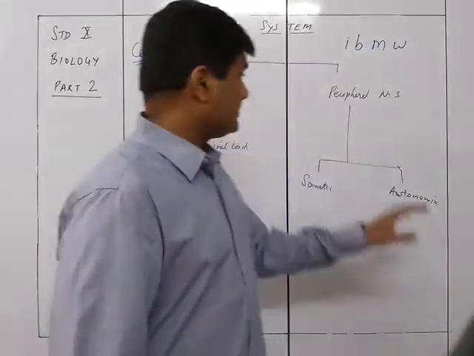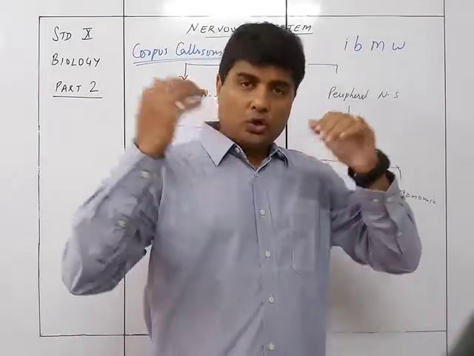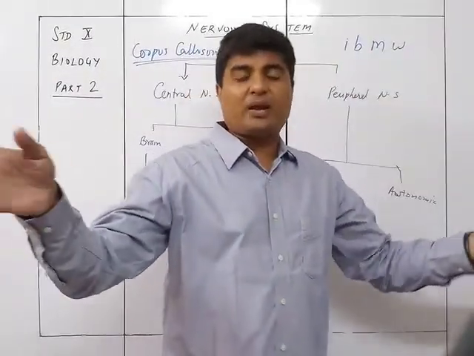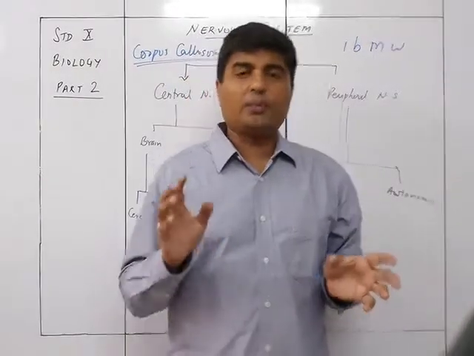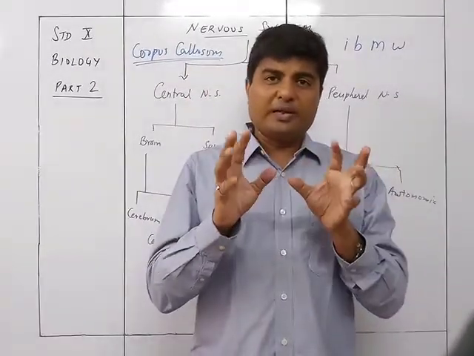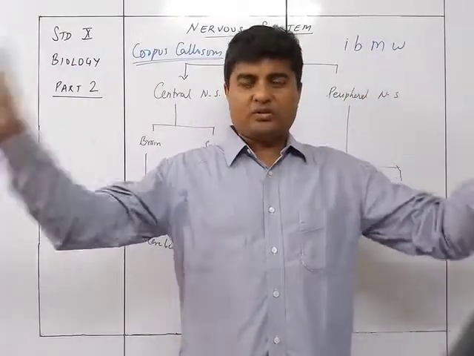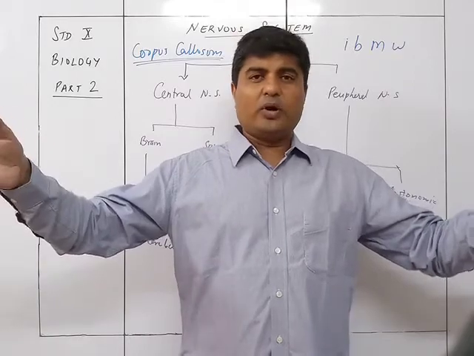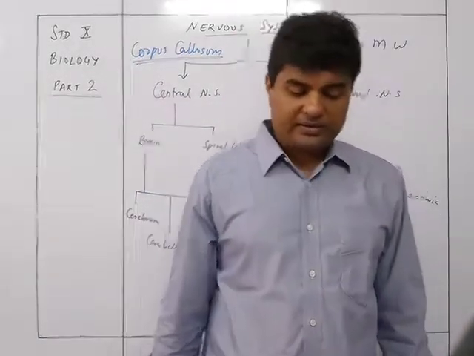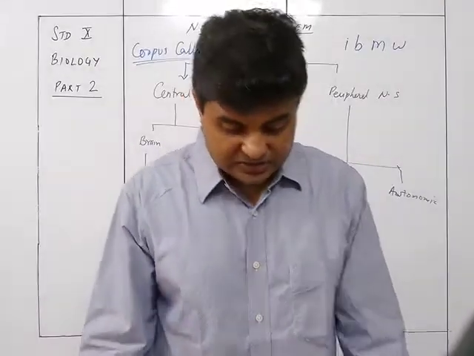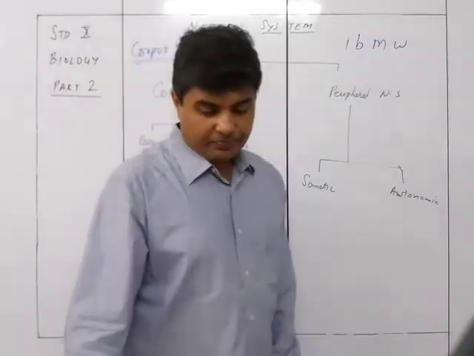Those nerve impulses which travel from the spinal cord or brain to the outside of the body, or from the body into the spinal cord, are carried with the help of the peripheral nervous system. We have two kinds, somatic and autonomic.